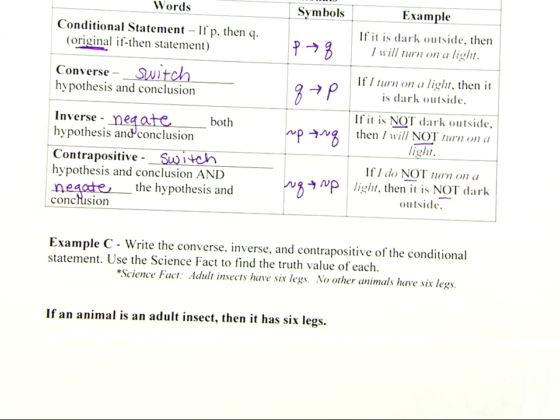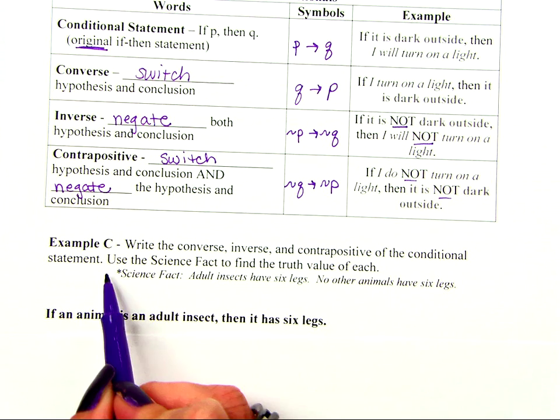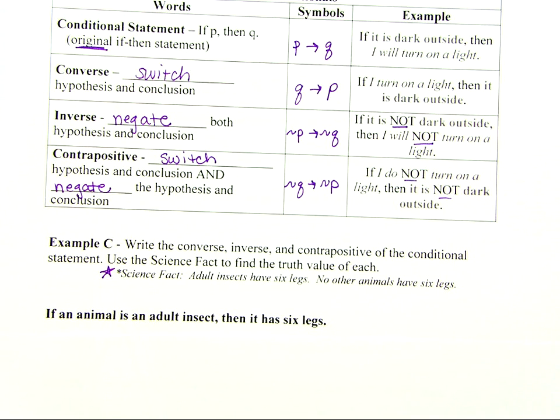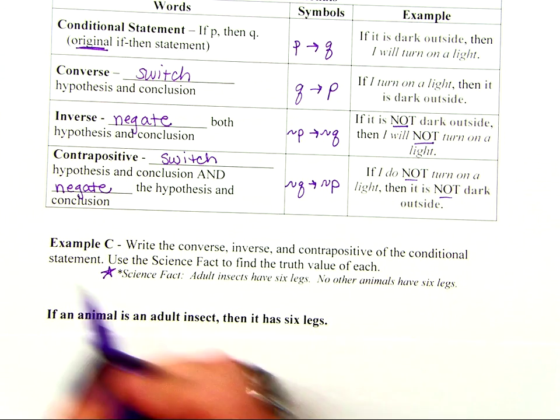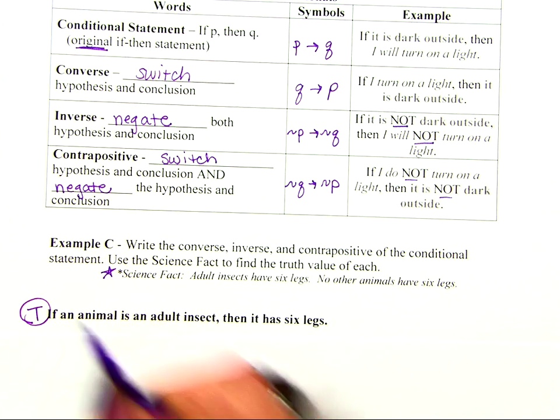Well, up here it does say that my little science fact, adult insects have 6 legs, no other animal has 6 legs. So we know that this conditional is true.